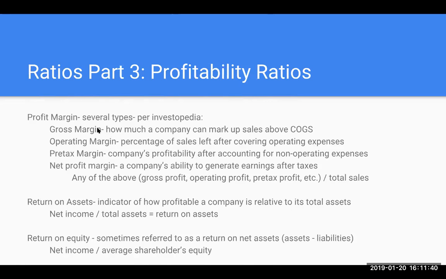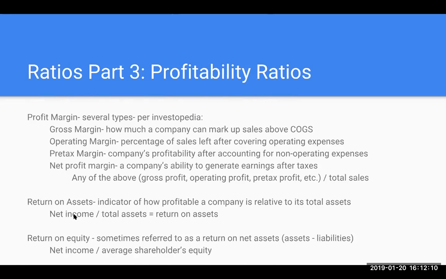Gross margin for a retailer is very important because it tells them, for every item of inventory they're selling, what their profitability is on an average per unit basis. The next one here is return on assets. Return on assets is an indicator of how profitable a company is relative to its total assets.